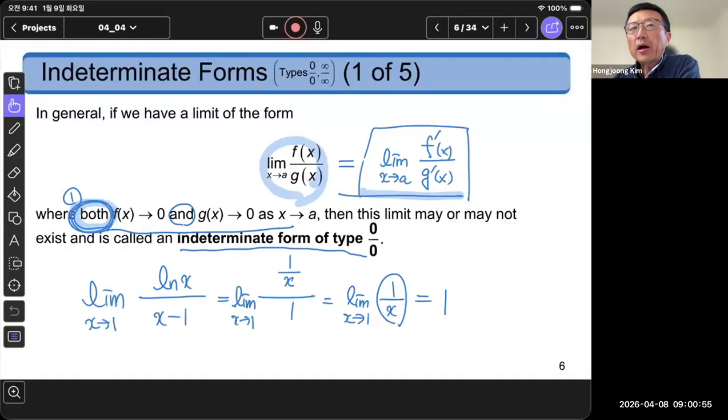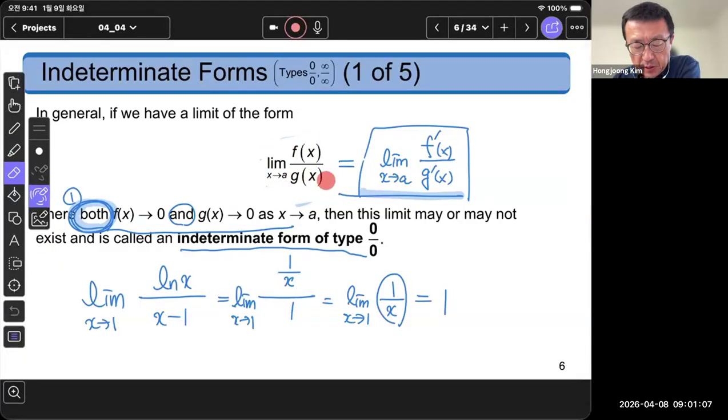As I said, if you have an expression of the form f of x over g of x, and as x approaches a, and this a can be any number, even infinity.